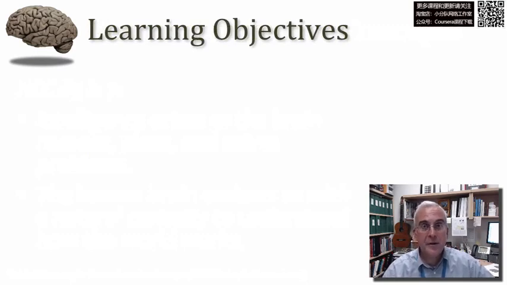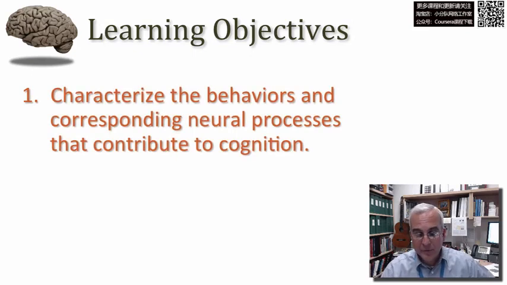Well, congratulations on making it to Unit 6, and I hope that you find this to be a rewarding and satisfying unit where we will attempt to put a bit of a capstone on the learning that we've done throughout the course. And as we turn now to the associational cortex, in broad overview, my learning objectives for you are to be able to characterize the behaviors and the corresponding neural processes that contribute to cognition.